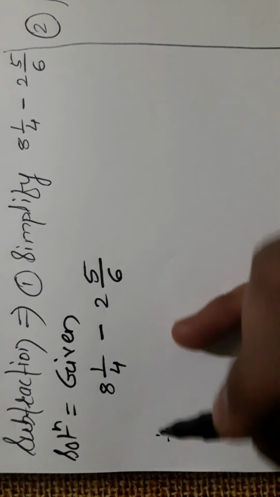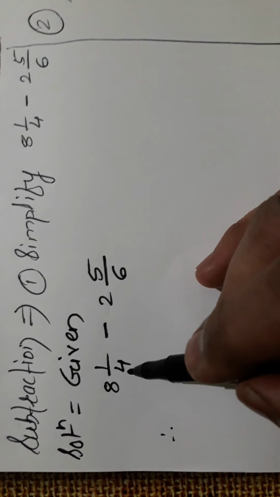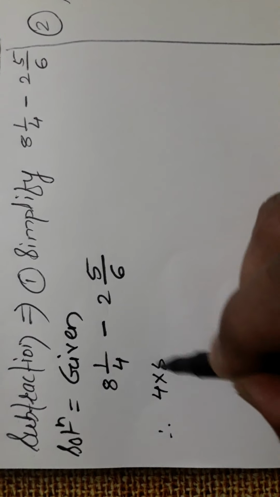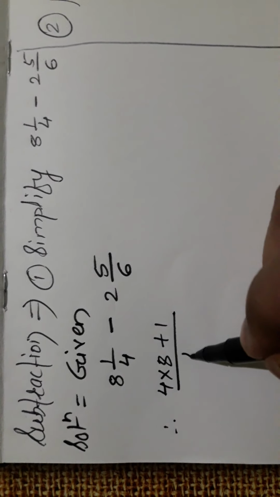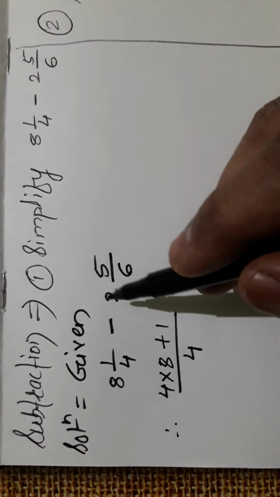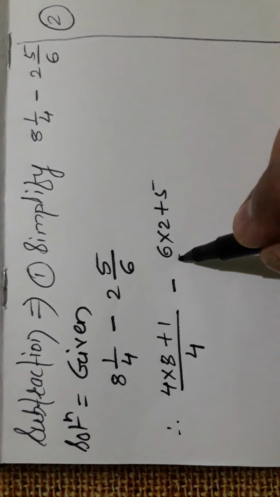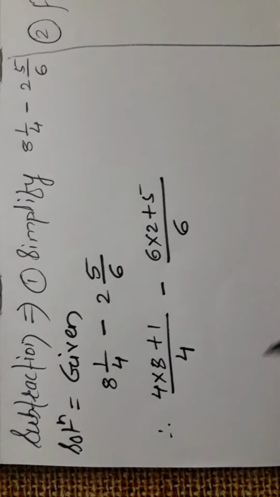What to do? Look here. First of all, we will convert this mixed fraction into the regular form, which means 4 into 8 plus 1, divided by denominator 4, minus 6 into 2 plus 5, divided by 6. Okay.